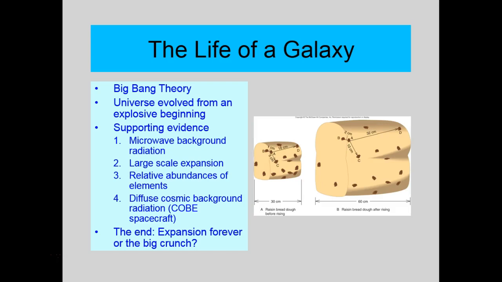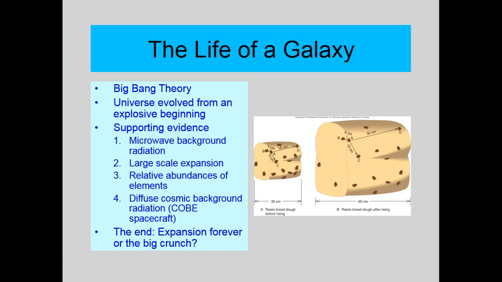Now, one of the guys, can't remember which one, had this idea. What if you were making raisin bread, and you got your dough and mixed the raisins really all over within, and then you put it in the oven and started it rising. All the raisins get further and further apart.